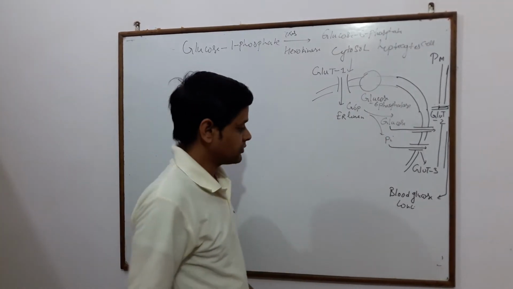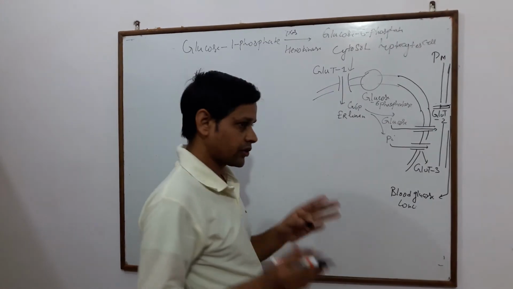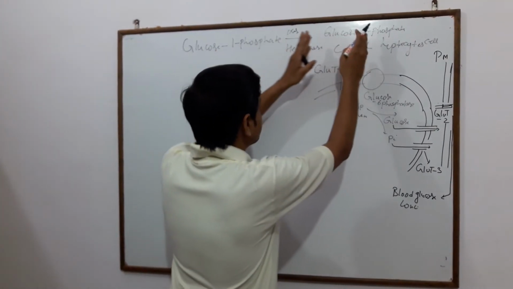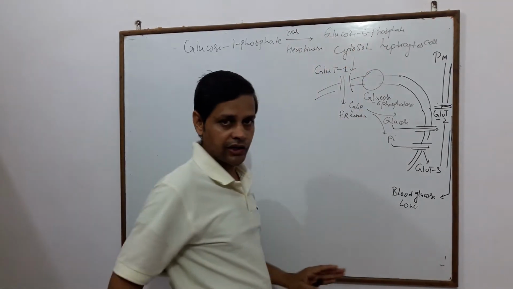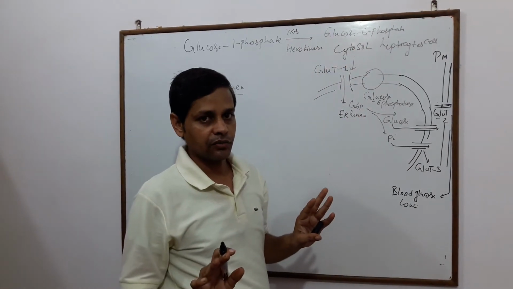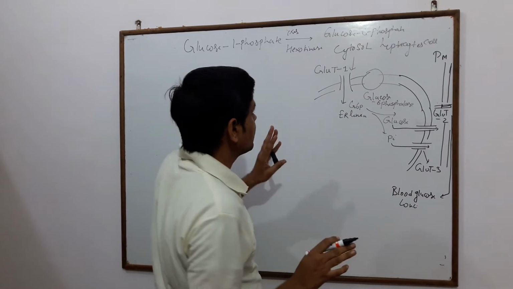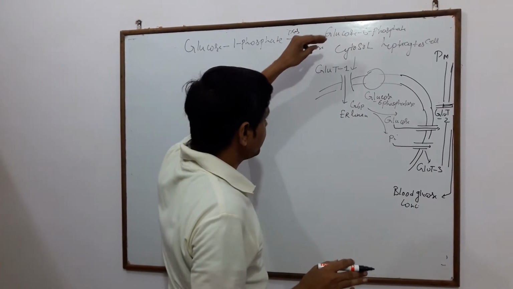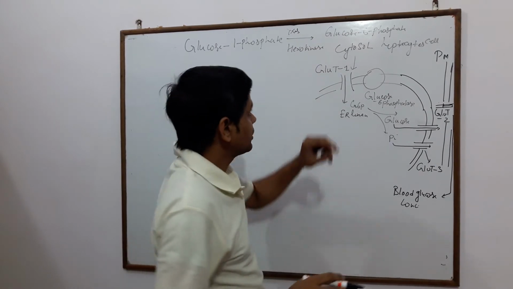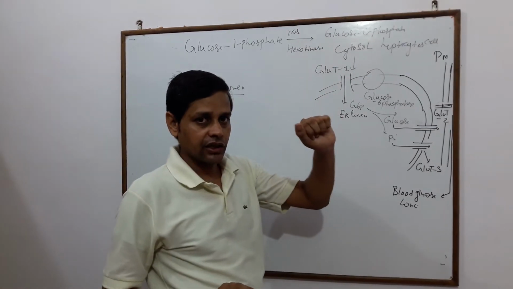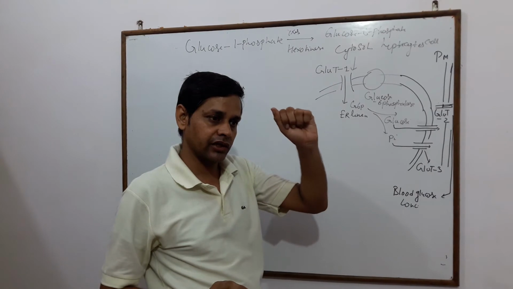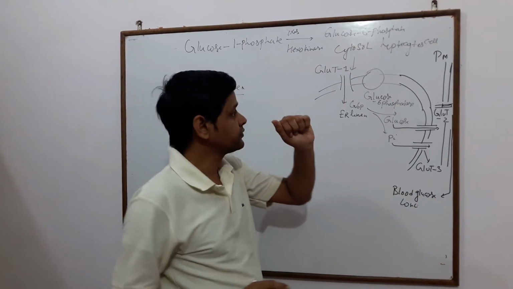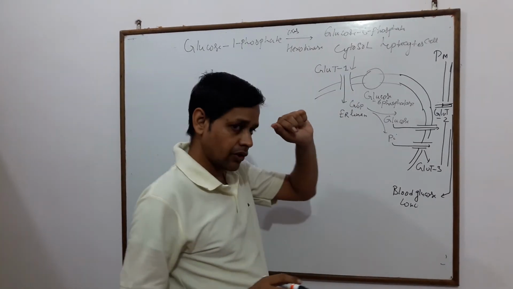For some time, when glucose 1-phosphate is converted to glucose 6-phosphate, glycolysis occurs in the cytosol, but when glucose 6-phosphate is converted again into glucose, the glycolysis reaction in the liver cytosol is not happening.